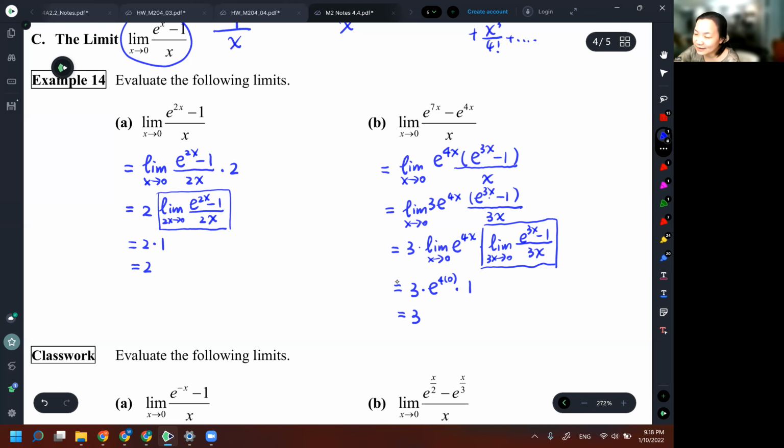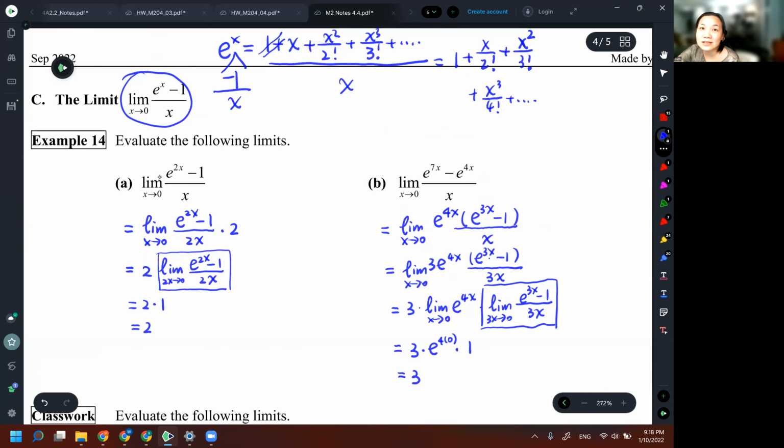So today, I guess the technique part is very similar to the other special limit, sine x over x. You still have to create something on your own. The factorizing part is only for the teacher. It's for me.